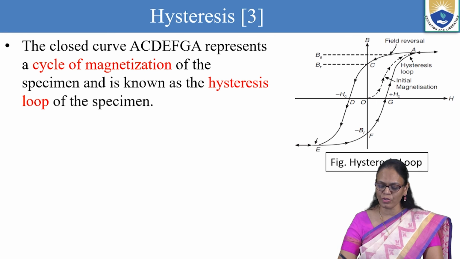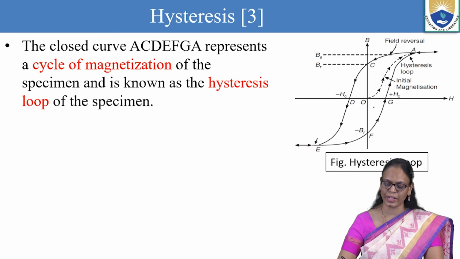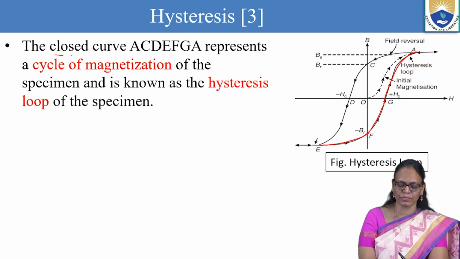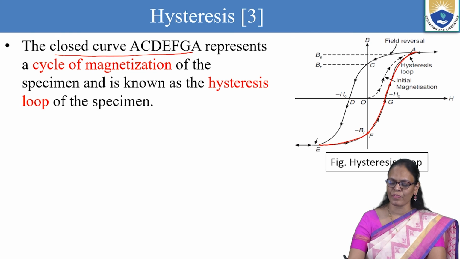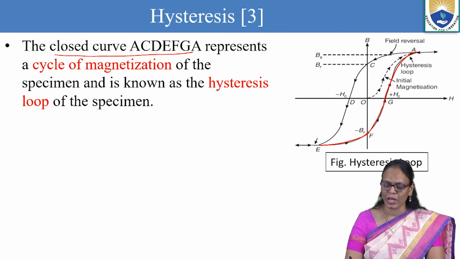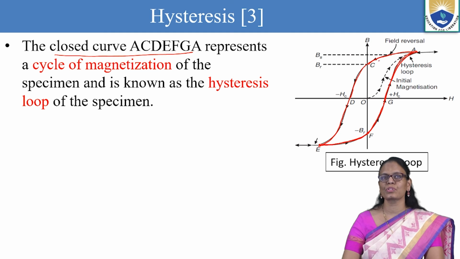Now if you continue further increasing the magnetic field, the curve is traced along EFGA. So what is the closed curve we are seeing? We have started from A and come to C, D, then to E, F, G, and again to A. So this is a complete loop.